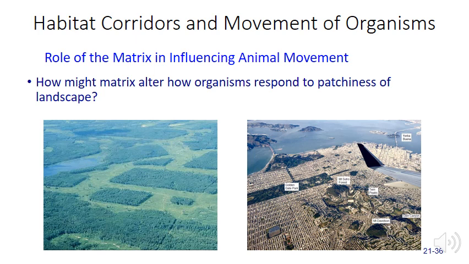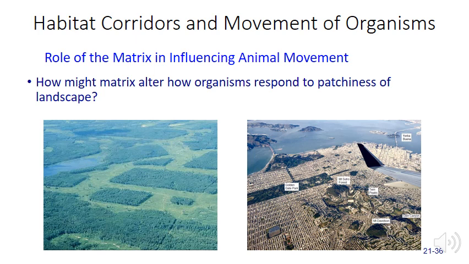So another thing to consider when we're thinking about the potential utility of habitat corridors is the role of the matrix in influencing animal movement. Essentially, some landscapes, or habitat types or land use types, are going to provide a tougher boundary for animal movement than others.